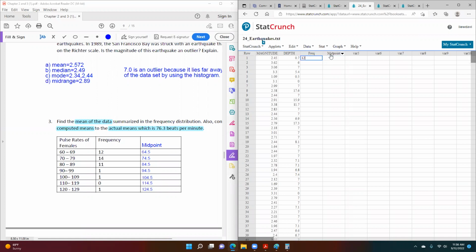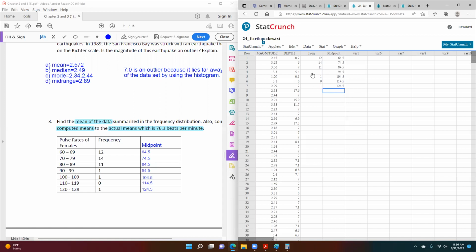If you do this by hand, watch what you enter in StatCrunch, because one wrong entry will make everything wrong. And when you do this in your online homework with MyStatLab, there should be a little icon here so you can export this into StatCrunch. I don't think they will provide the midpoint.